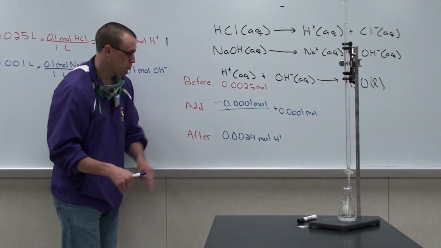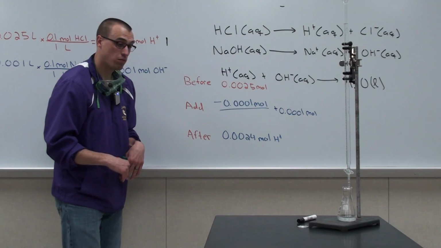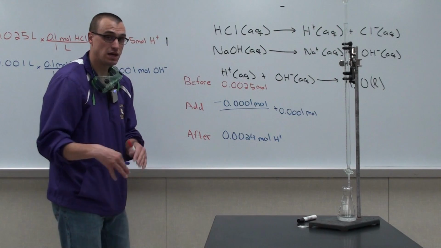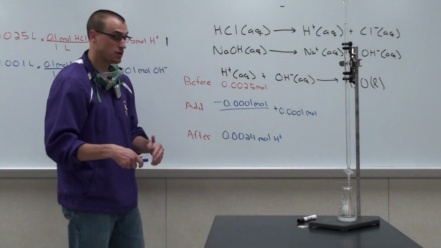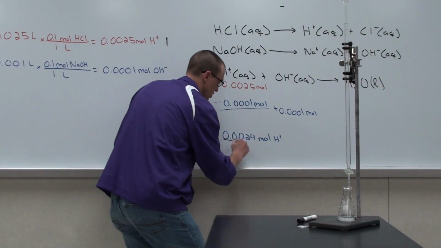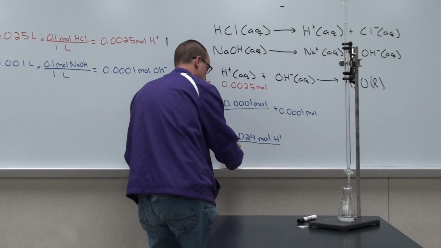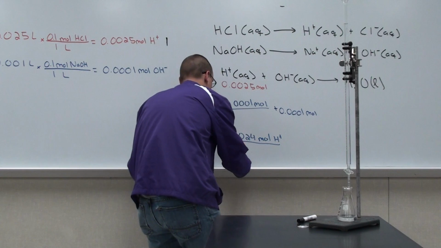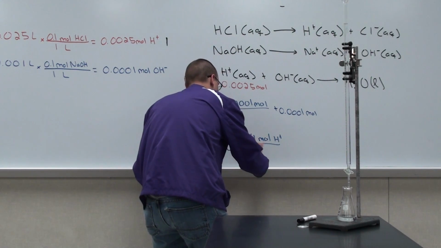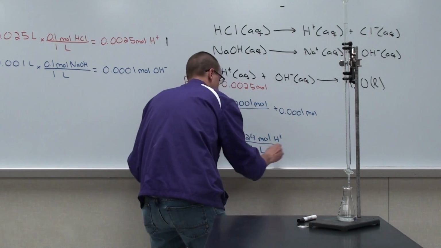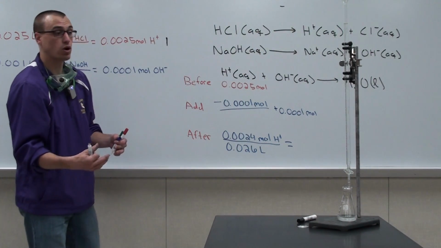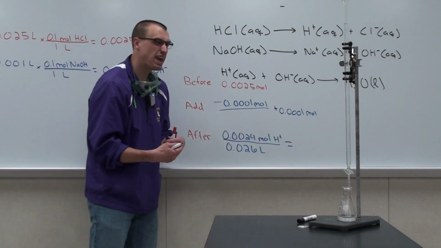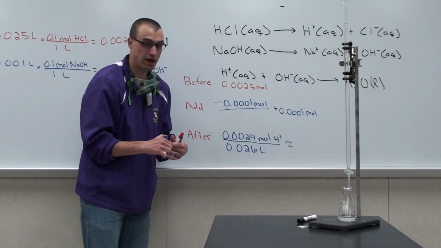So I'm going to divide 0.0024 moles of H plus by our total number of liters of solution, 0.026 liters. And that's finally going to give us our concentration, or our molarity of H plus ions that remains.